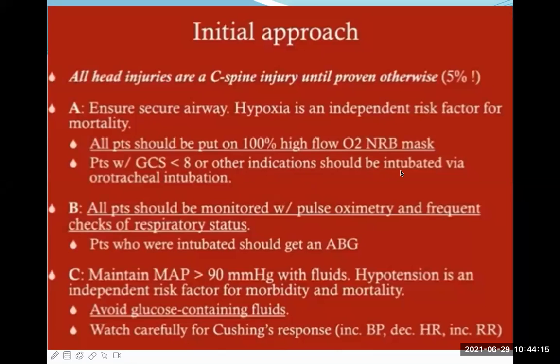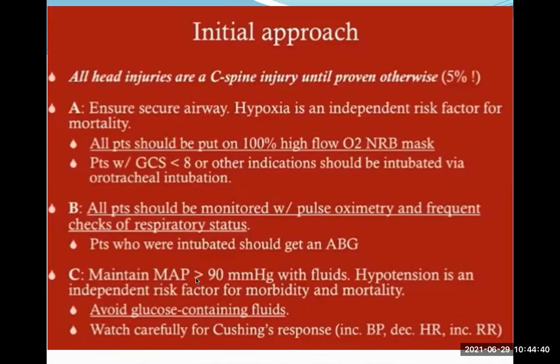So to protect the airway, they should be intubated. Preferably a cuffed type of endotracheal tube is used so that there is no chance of aspiration. All patients should be monitored with pulse oximetry and frequent checks of respiratory status. Patients who are intubated should get an arterial blood gas analysis just to make sure they are not hypoxic.